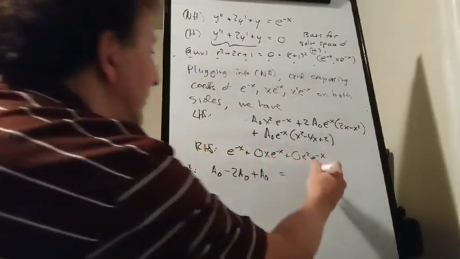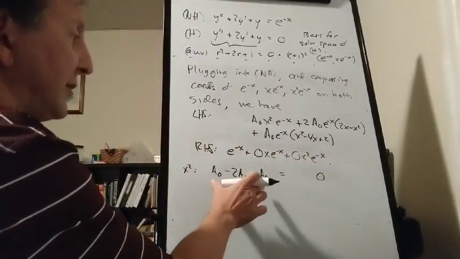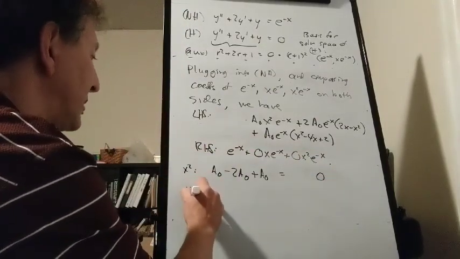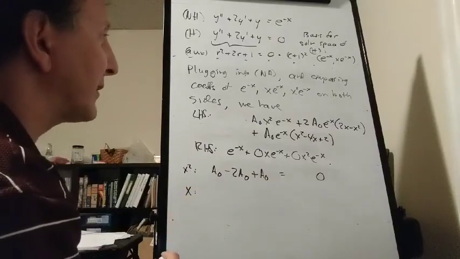And on the right-hand side, 0. All right, so this just says 0 equals 0. That's not much information.